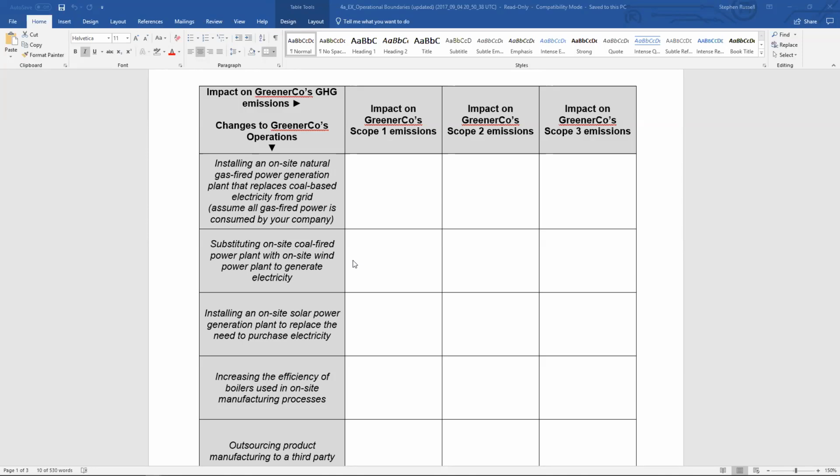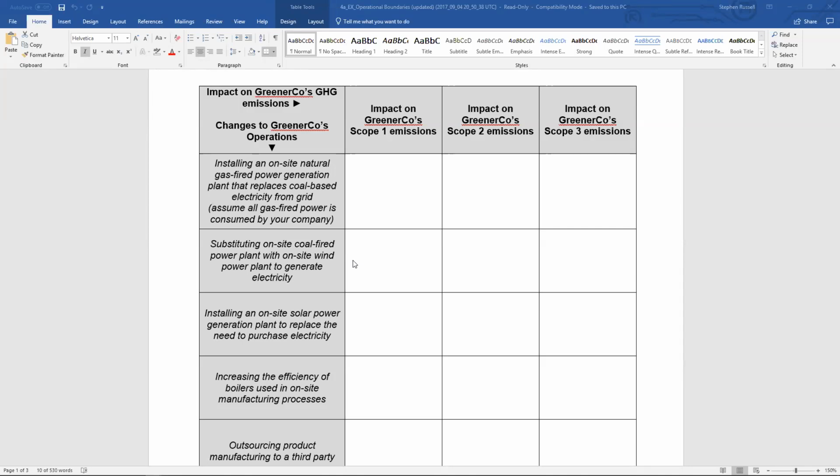So when you're looking at the on-site natural gas-fired power generation plant, you want to consider the Scope 3 emissions associated with the construction of that plant and the emissions from the extraction and processing of the building materials and the emissions associated with the extraction, processing, and transportation of natural gas consumed by the plant.